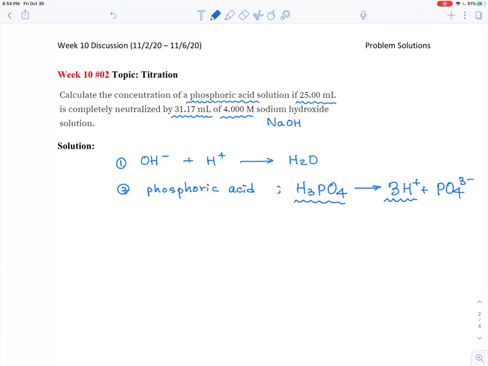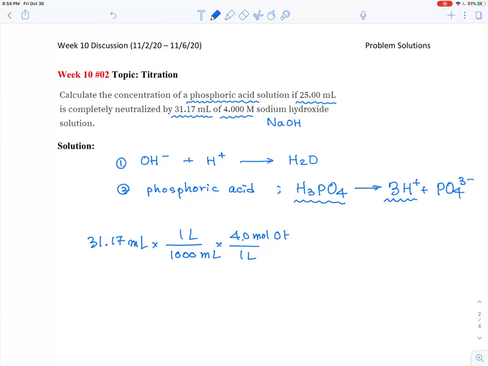Okay, so we are going to convert the concentration. Let's say the 3117 milliliter, and 1000 milliliter is 1 liter. Their concentration is 4.0 mole per liter.